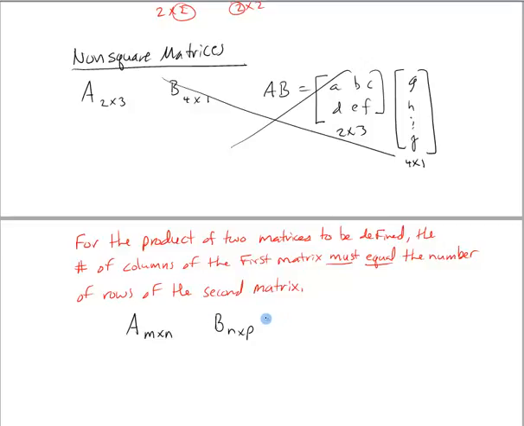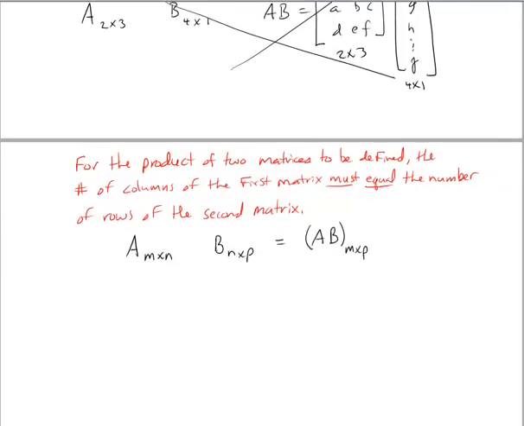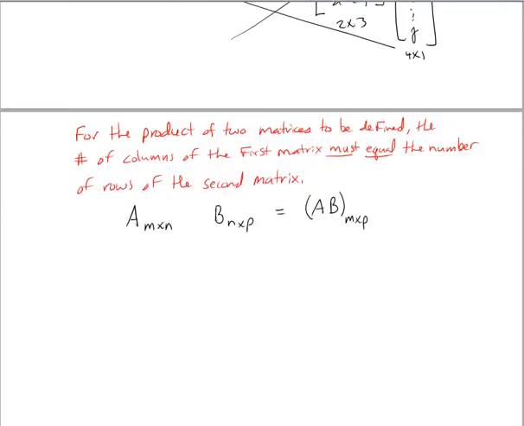When I consider the product AB, the solution would be M by P. The N's essentially cancel each other out, and you're left with an M by P solution matrix. I think the best way is to go through and look at some examples.